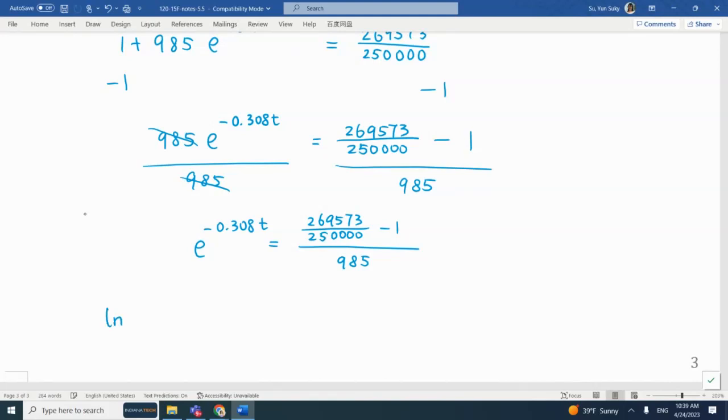Okay, when you apply ln, you get ln of e to the negative 0.308t is ln of 269573 over 250000 minus 1. Don't do that. Leave it like that.